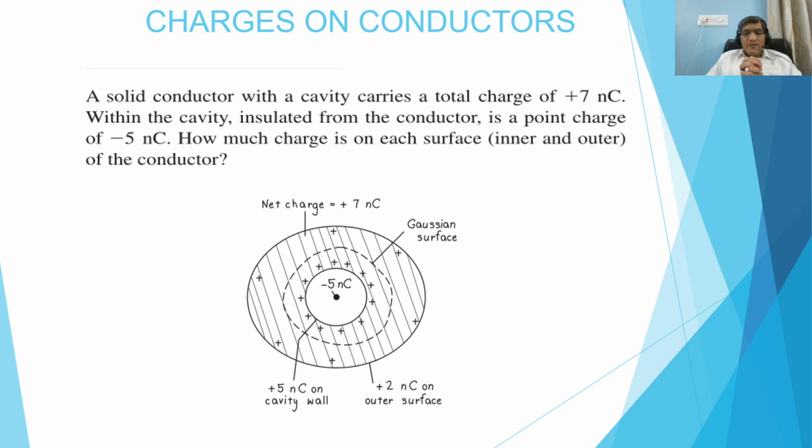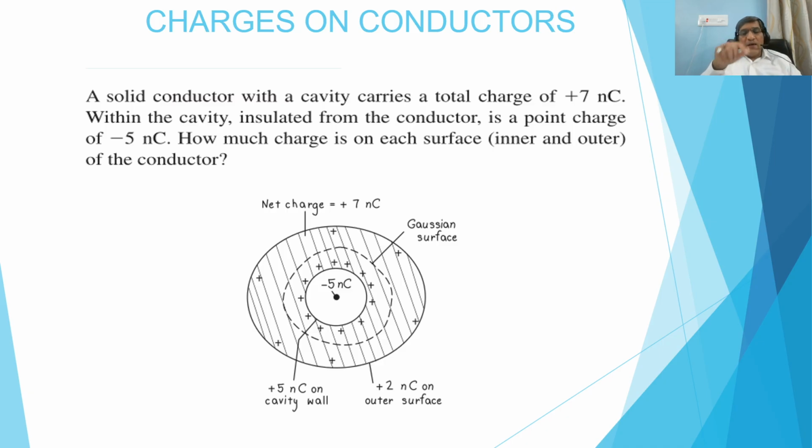It is very clear from the picture that we have a plus 7 nanocoulomb charge, and the cavity contains a minus 5 nanocoulomb charge. This minus 5 charge attracts a plus 5 charge of equal magnitude, so that the electric field is 0 inside the Gaussian surface.